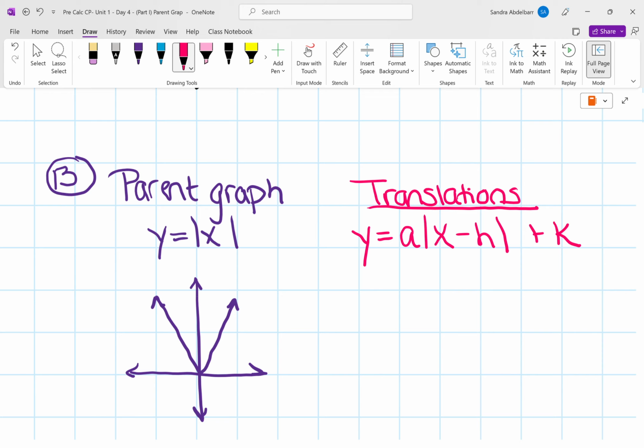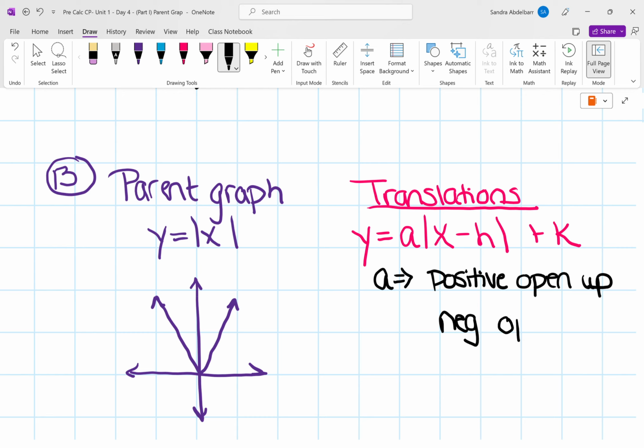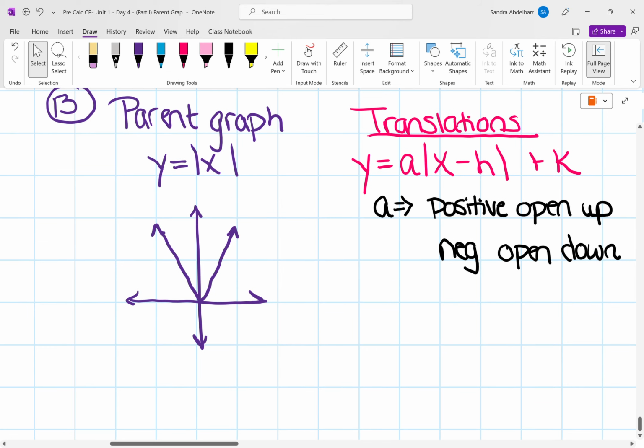So essentially, the translations for the absolute value are following the same rules as the translations for the parabola. So remember, a, for our purposes, positive opens up, negative opens down.